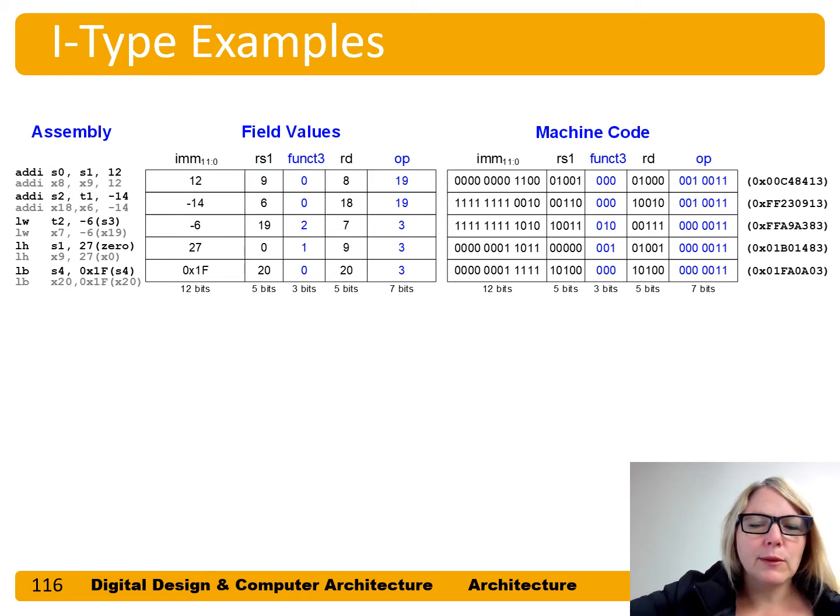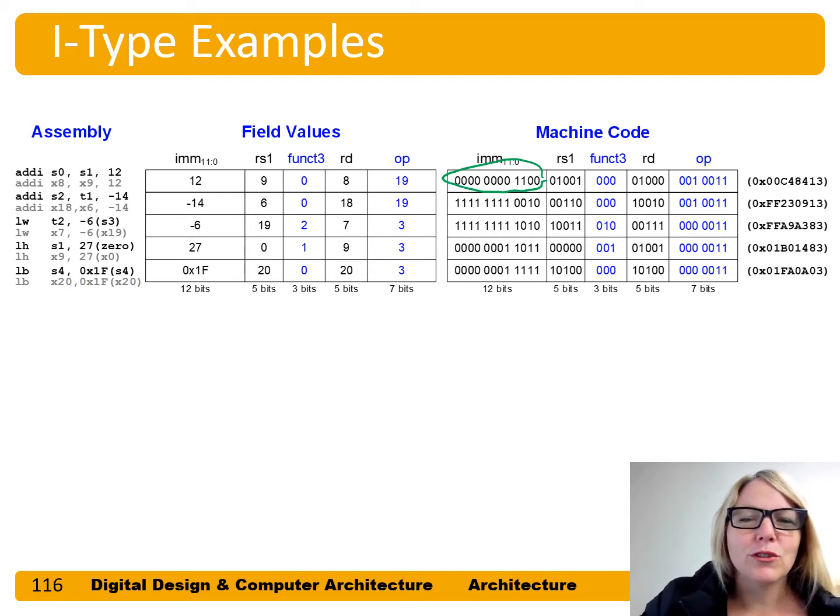Again, we take these and convert them into binary. 12 is represented as a 12-bit signed or two's complement number. RS1 is a 5-bit number to be able to indicate 32 registers. Funct3 is the 3-bit representation of 0. RD is the 5-bit representation of 8. And the opcode is the 7-bit representation of 19.